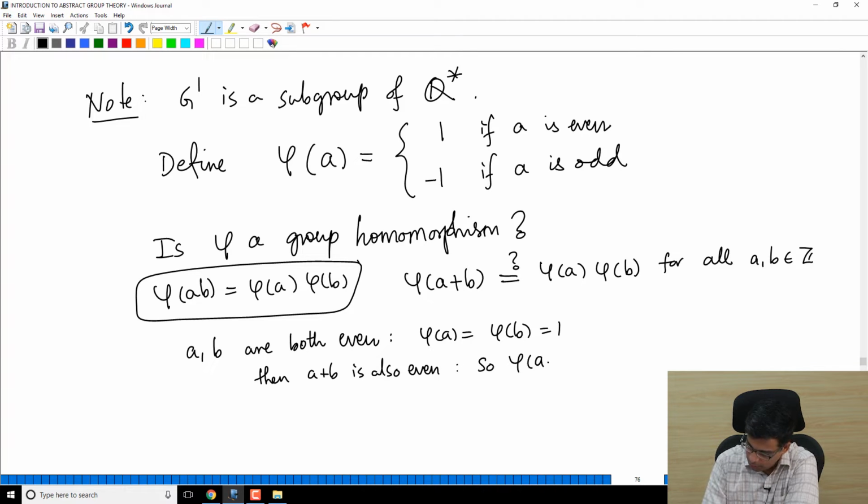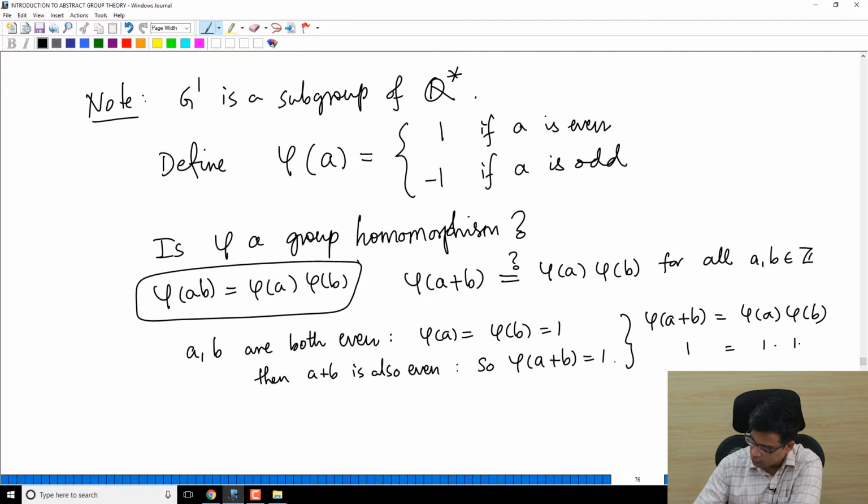If two even numbers are added to each other, we again get an even number. So phi of A plus B is 1. And remember, then this condition is satisfied. So phi of A plus B is phi of A times phi of B, because this is 1 and this is 1 times 1. So this is okay.